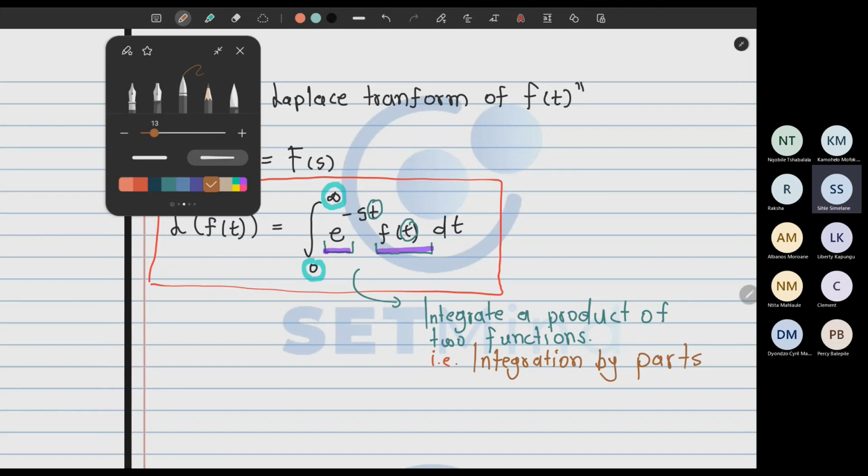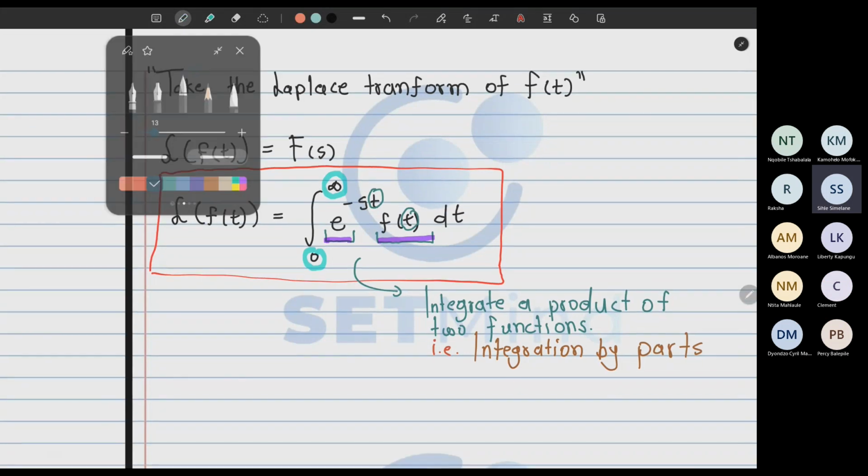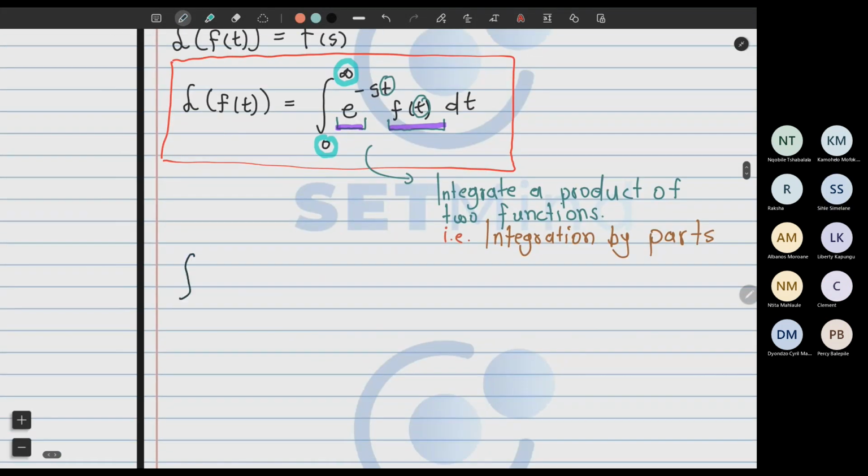And if you recall, integration by parts, all it is, if we have the integral of two functions, and those functions are u and dv, the answer is simply uv minus the integral of v du. This is what we call integration by parts.